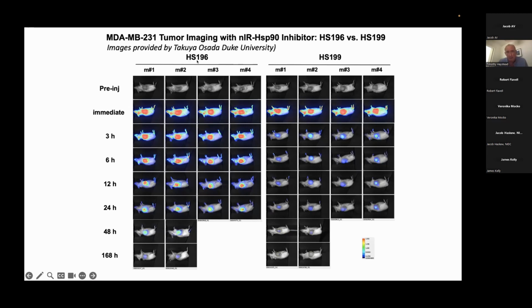It's a deep red probe, and we compared it to HS199, which is an inactive version, a true analog. You see this long retention in the tumors of the mice with the active form, and the inactive one is cleared quite quickly. This is using an IVIS machine. These are only flank tumors, obviously.